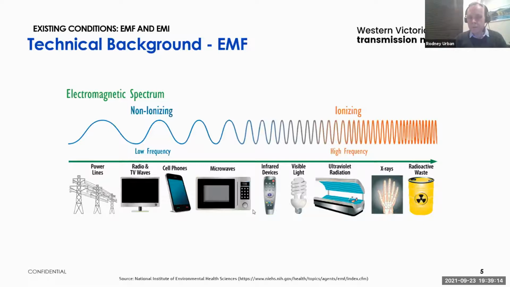So these are fields in the X-ray, ultraviolet, radioactive range, where the fields are able to displace charge and electrons from atoms. That's not the case for EMF and EMI that we're discussing in this presentation.